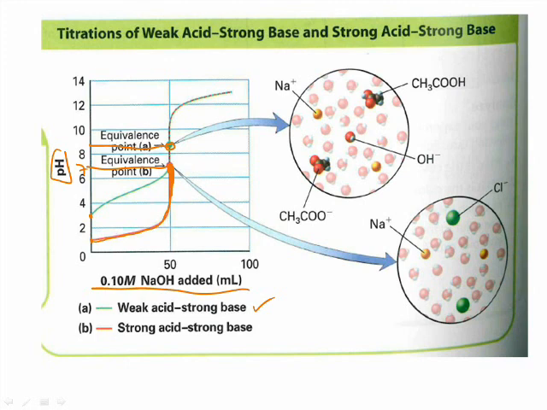Now why is that? Why is the same amount of base and acid used in each titration? It's because the number of equivalents of acid and base are equal here. And that's because the ethanoic acid is a weak acid.